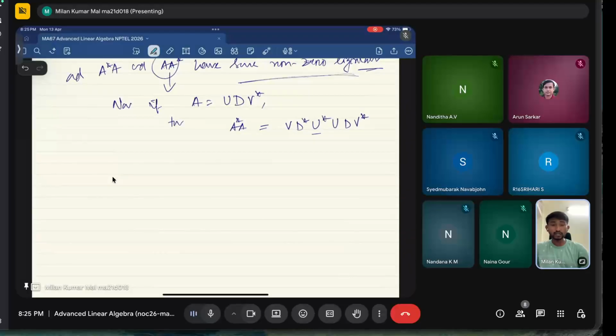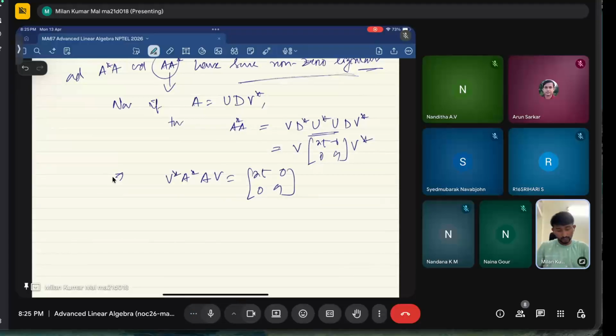So once again, U star U is going to be the identity, and V D star D is going to be the matrix 25 0 0 9 and V star. So basically what we can obtain is that V star A star A V is equal to 25 0 0 9. So here I made a mistake then. Yeah.